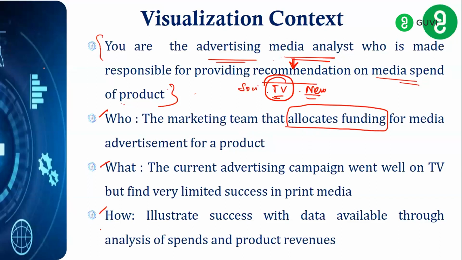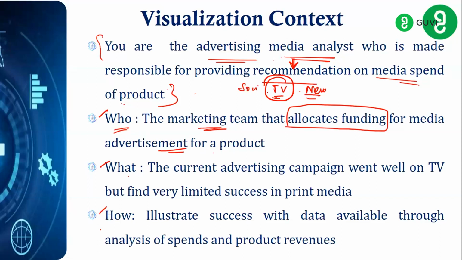It differs from one company to another company. But the main thing is the people who have the rights to allocate funding. That is your audience. Those who come under the audience in this scenario. Yes or no, Gautam? Yes. So the marketing team that allocates funding for media advertisement for a particular product. So this is your who part.